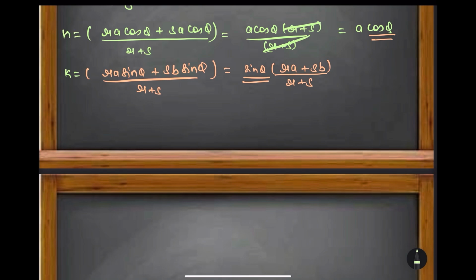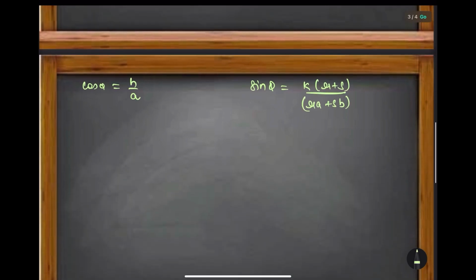So I can say that cos theta is equal to h by a, and sin theta is equal to k times (r plus s) upon (ra plus sb). Now, can I square both sides and add?